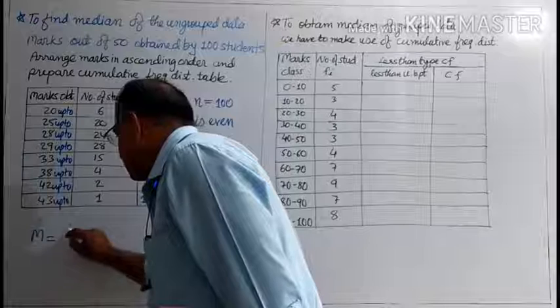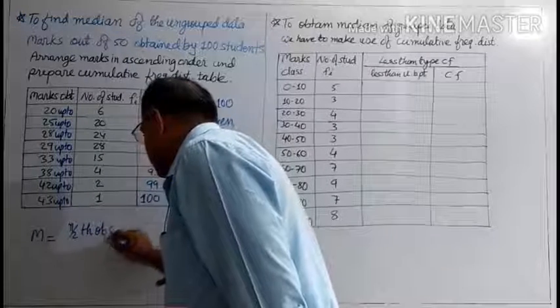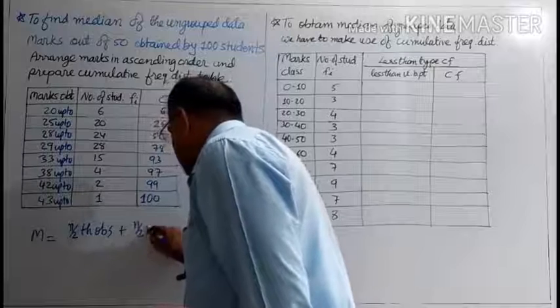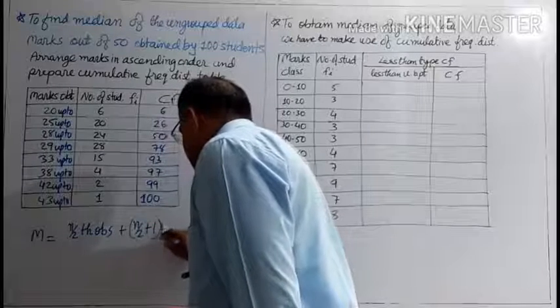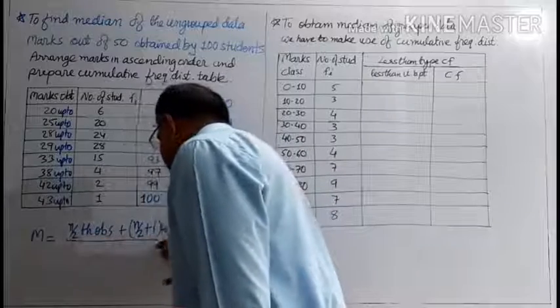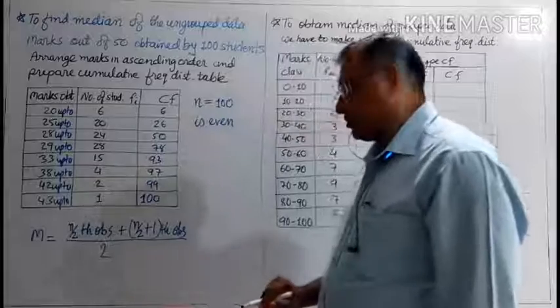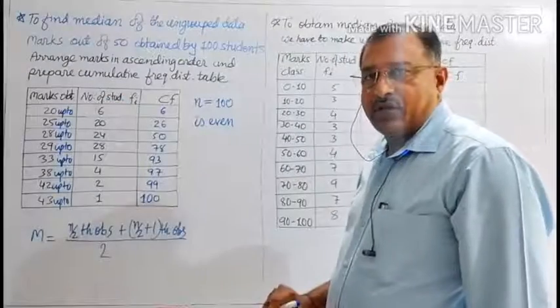Therefore the median, denoted by M, we can say is the n by 2th observation plus n by 2 plus 1th observation. That means there will be 2 middlemost observations, and so we have to take average of these 2 middlemost observations. Is it clear?